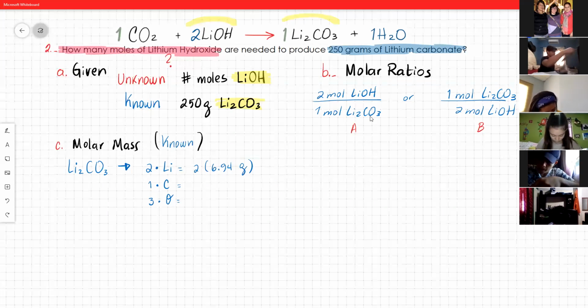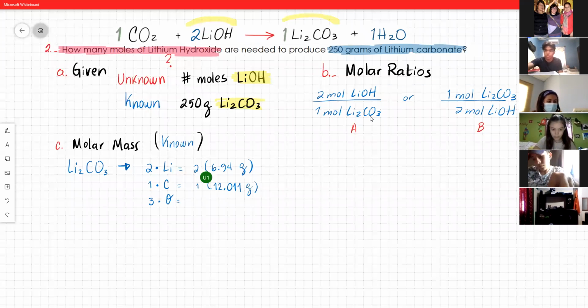What is the molar mass of carbon? 12.011. And for oxygen, I just rounded to 16 grams.